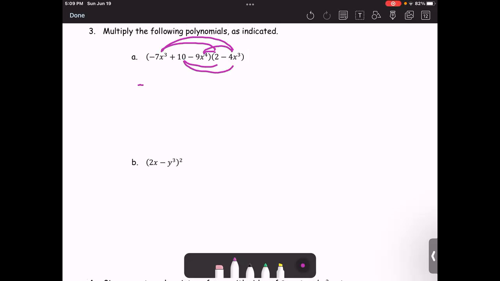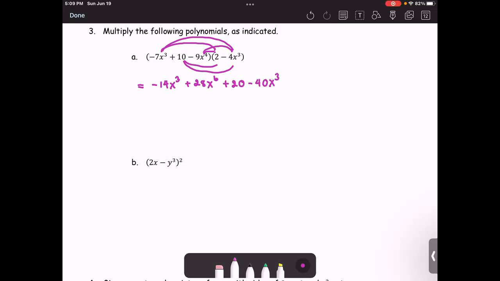Then we can get the first product: negative 7 x to the third times 2 becomes negative 14 x to the third. And then negative 7 times negative 4 becomes positive 28, and x to the third times x to the third becomes x to the sixth. The next one is 10 times 2, which becomes positive 20. 10 and negative 4x to the third is negative 40 x to the third.